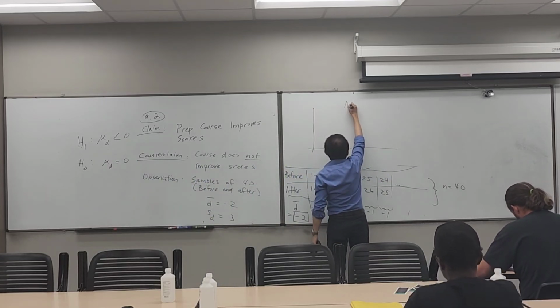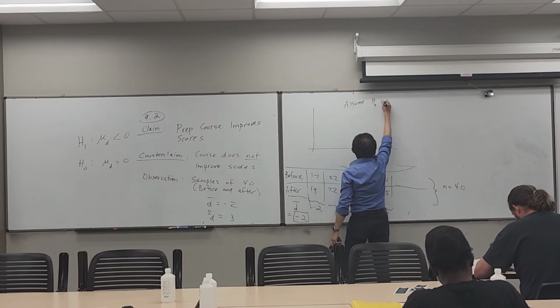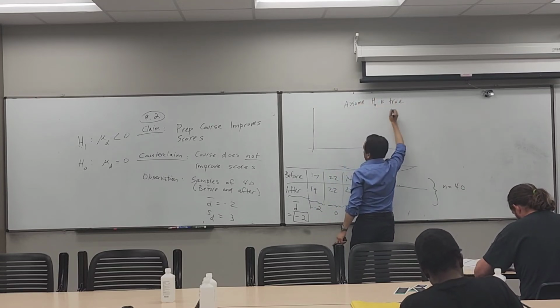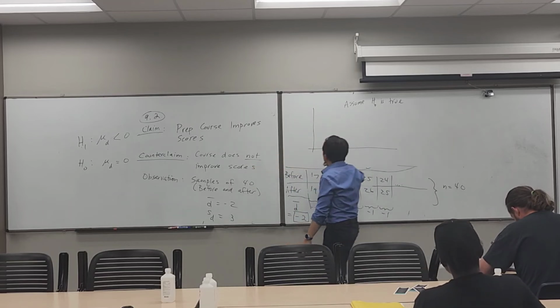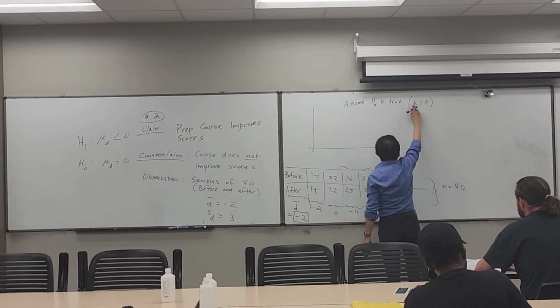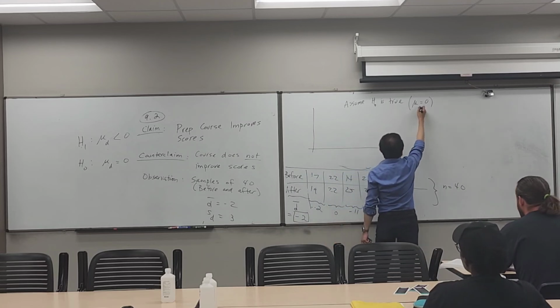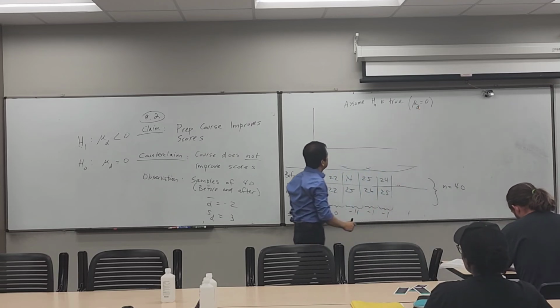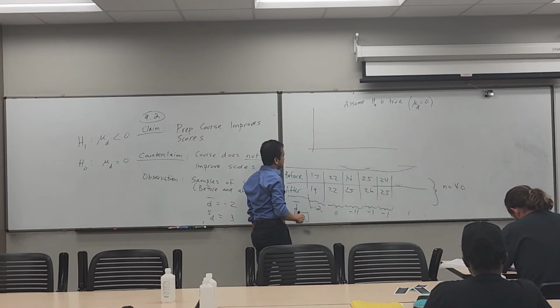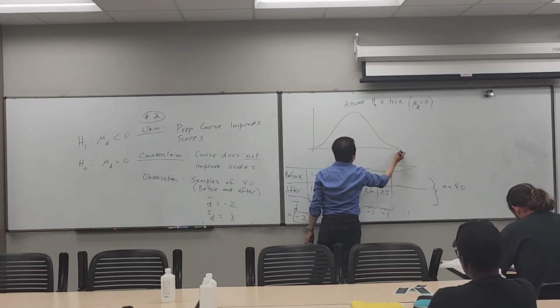When we assume that H0 is true, the mean difference equals 0. So the underlying distribution will be a t-score distribution.